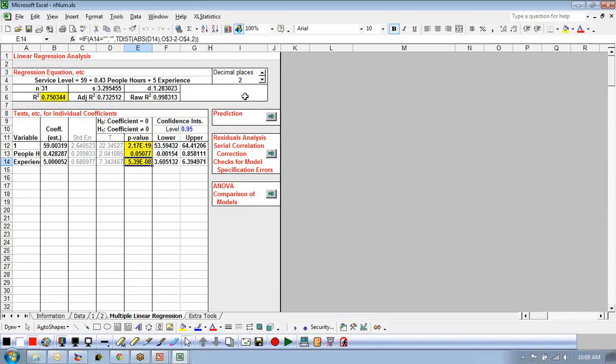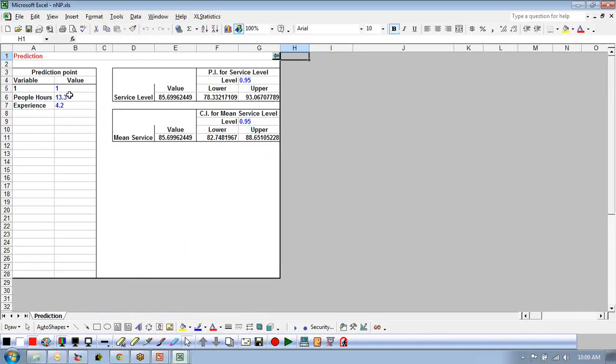So, for example, what if we wanted to predict the service level? If we wanted to put in 15 people hours into this process instead of, say, 13, and the experience level of this was 2.5 of those hours that we were putting in. You know, what would be our prediction? Let me lower the significant digits here so we can actually read it.